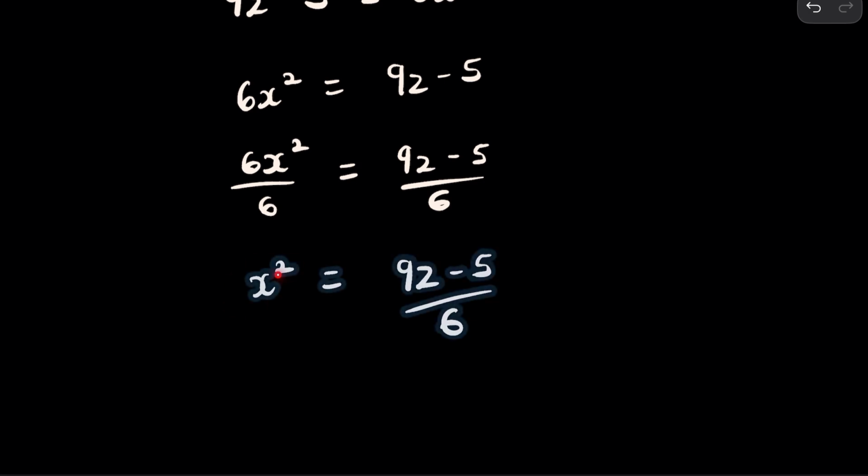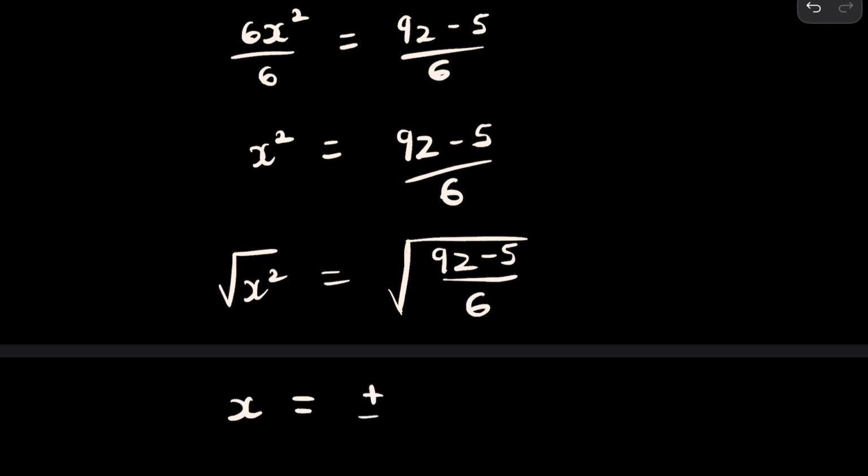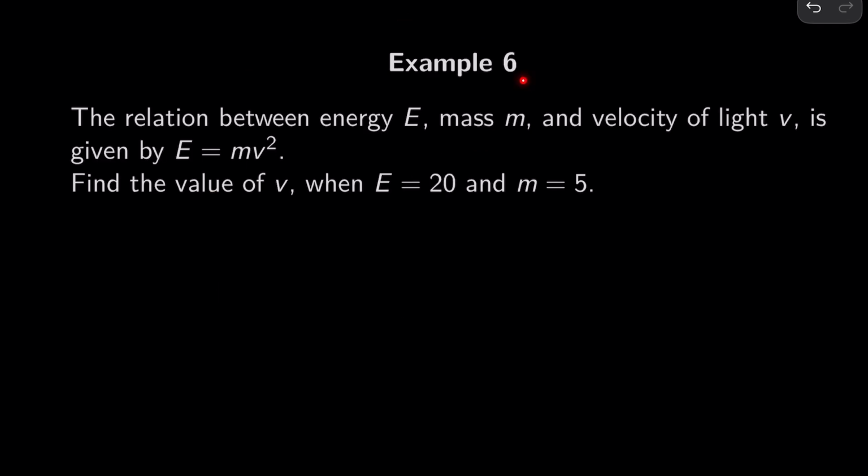And so to find x, we have to take the square roots of x squared, right? So we are going to have the square root of x squared is equal to the square root of (9z - 5) divided by 6. And so we are going to have x = plus or minus the square root of (9z - 5) divided by 6.